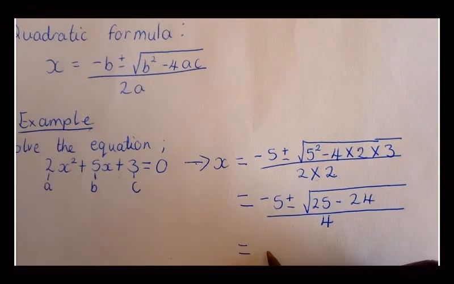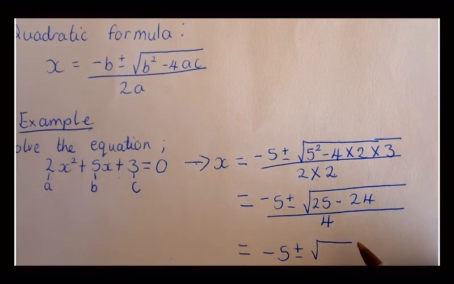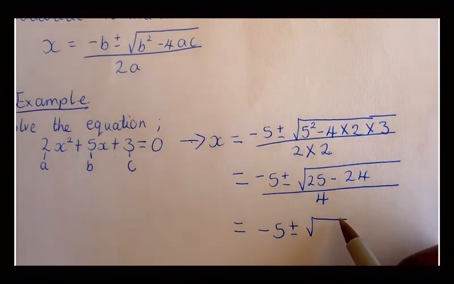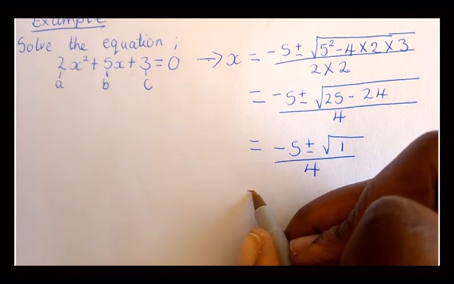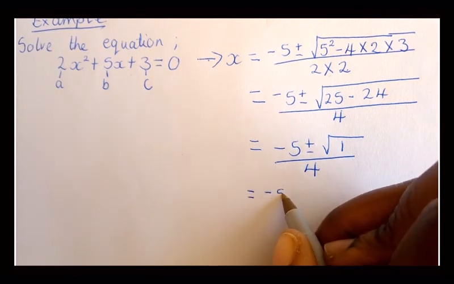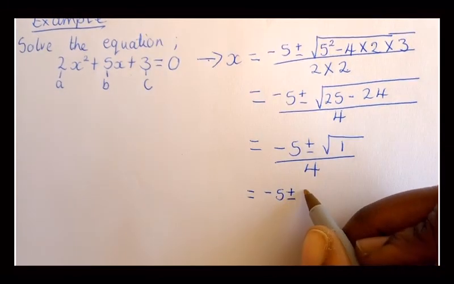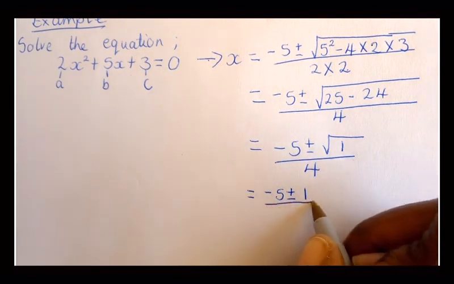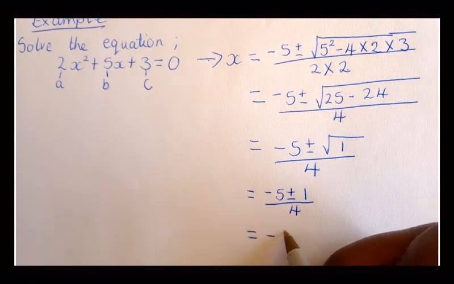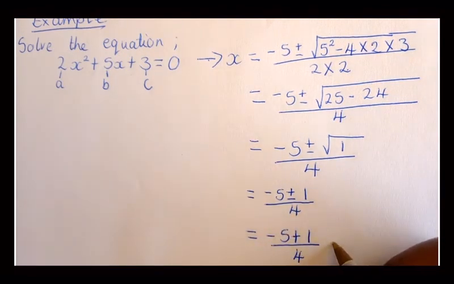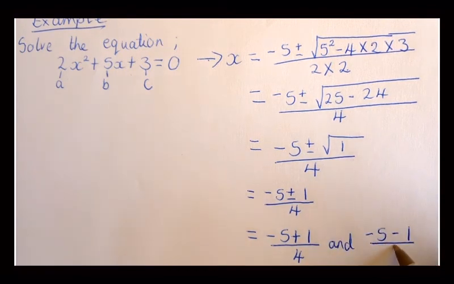So this becomes minus 5 plus or minus the square root of 25 minus 24, 1, divided by 4. This will be equal to minus 5 plus or minus the square root of 1, which is 1, over 4, which will be equal to minus 5 plus 1 over 4 and minus 5 minus 1 over 4.